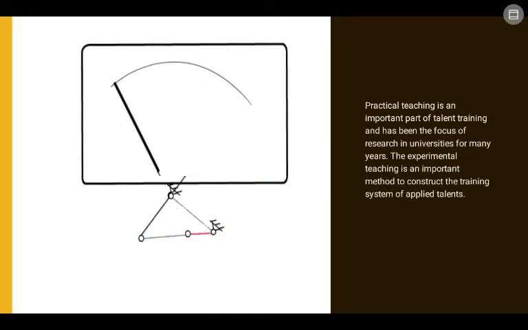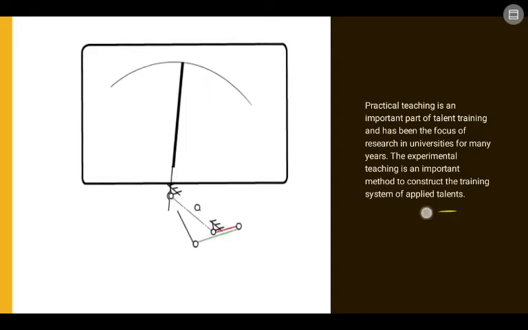Practical teaching is an important part of talent training and has been the focus of research in universities for many years. The experimental teaching is an important method to construct the training system of applied talents.